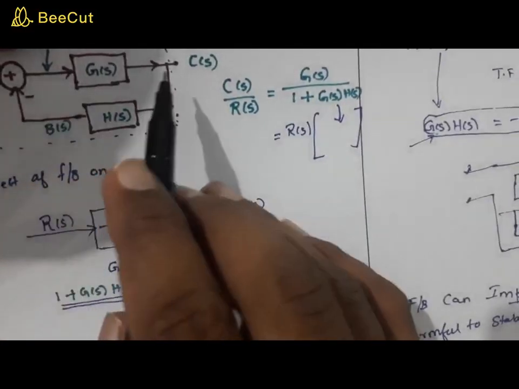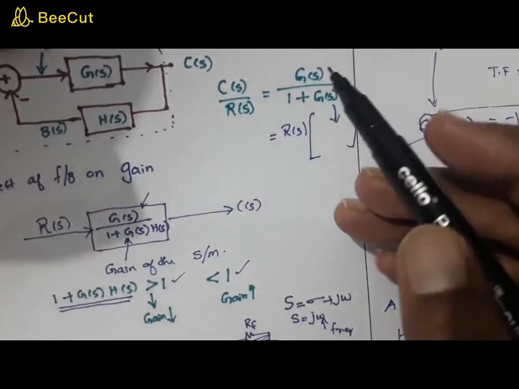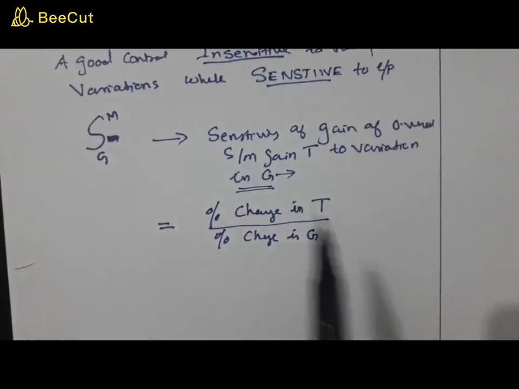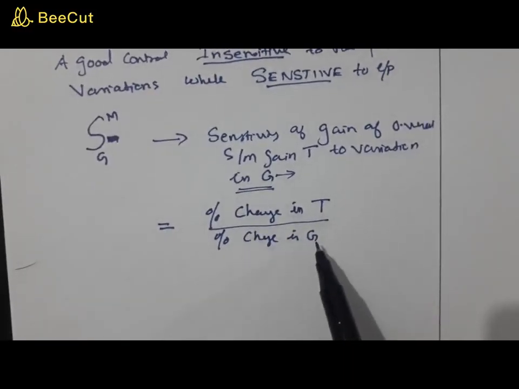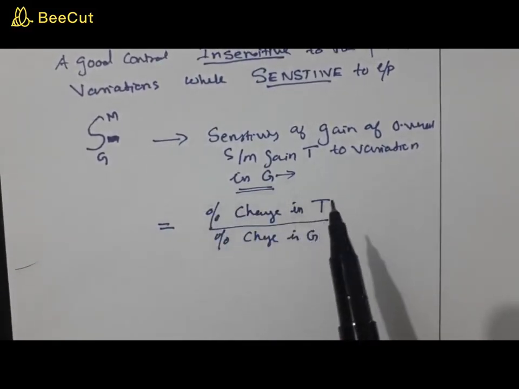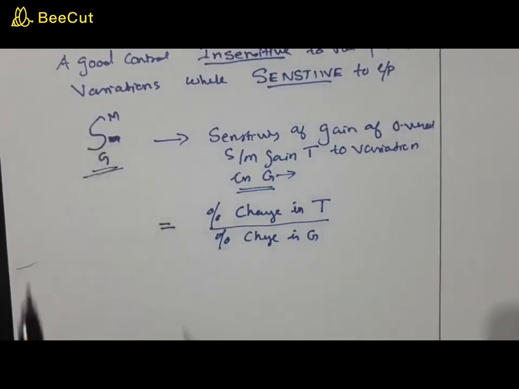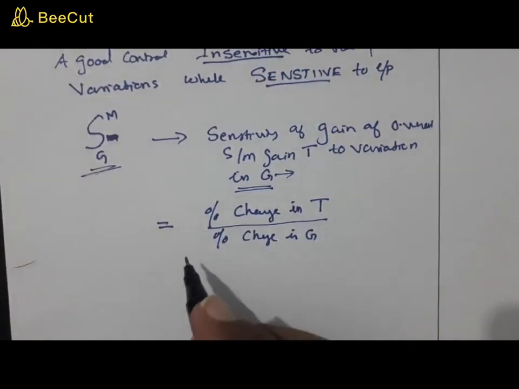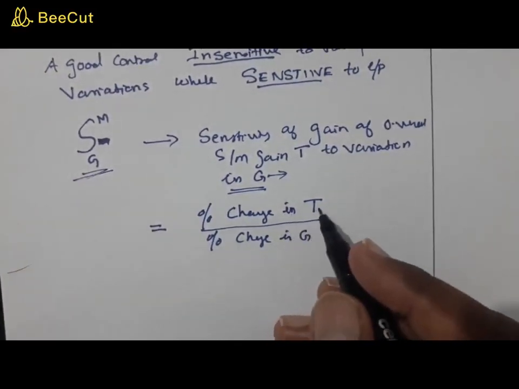And the overall transfer function is T of S. So sensitivity is defined as the change in the transfer function with respect to change in G. When system parameters change, that will affect G. How much that change will affect the overall transfer function of the system is given by this term, the sensitivity.